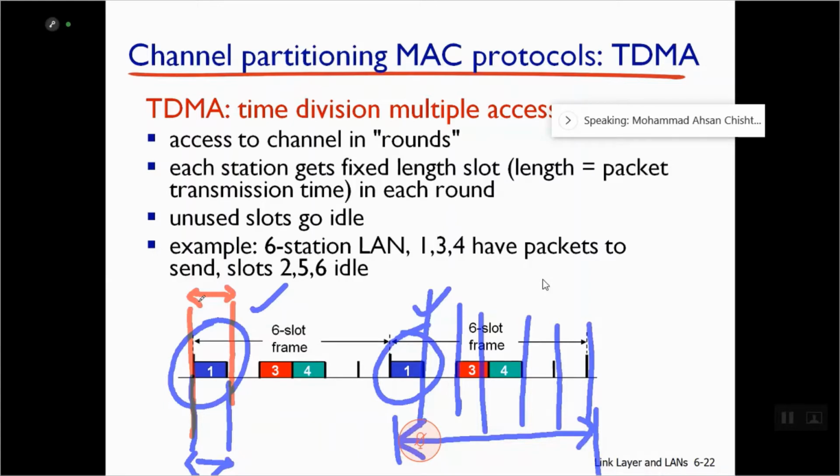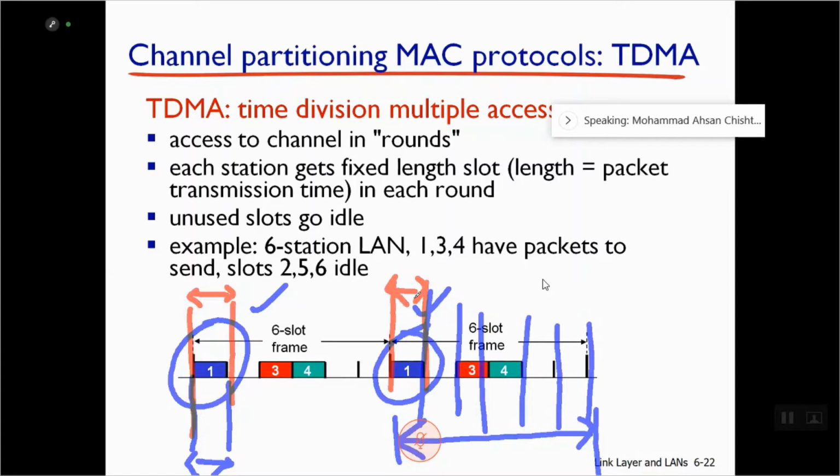It's typically chosen so that you don't have to partition the frame and send half of a frame here and then half of the frame there. I repeat, we have a time-based frame in TDMA. You break it into slots, and the size of each slot is chosen so that a single packet or a single frame of data link layer can be transmitted during that time slot.